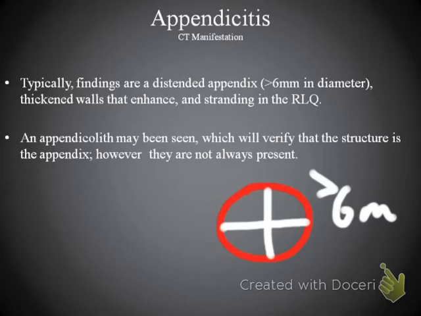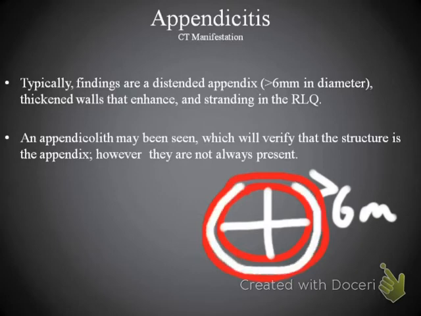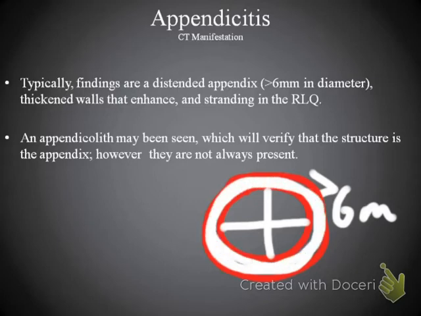And so typically what you're also going to see is a degree of enhancement surrounding the appendix. So you're going to have the lumen here, and then you're going to have the walls, and you're going to have a very thickened wall that really enhances.